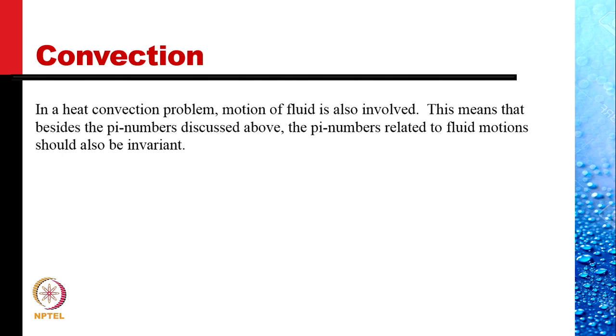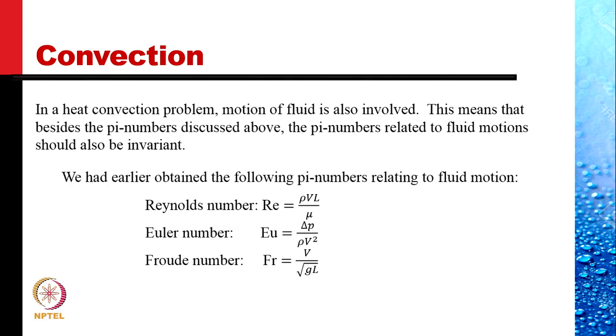Let's apply this law approach or the scale factor approach to problems in convection. In a heat convection problem, the motion of the fluid is also involved. This means that besides the pi numbers discussed above that related to thermal transfer rates, the pi numbers related to fluid motion should also be invariant in a convection problem. We had earlier obtained the following pi numbers related to fluid motion.